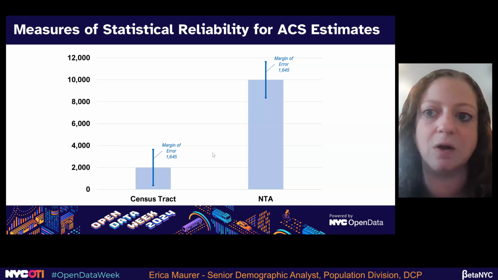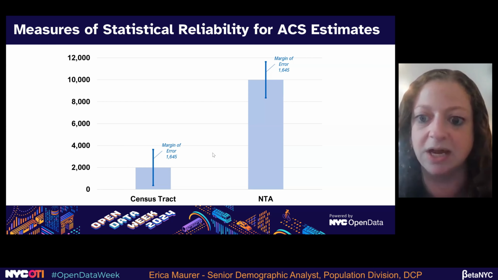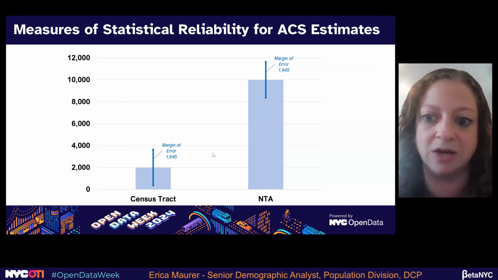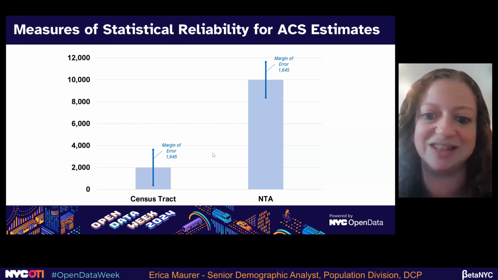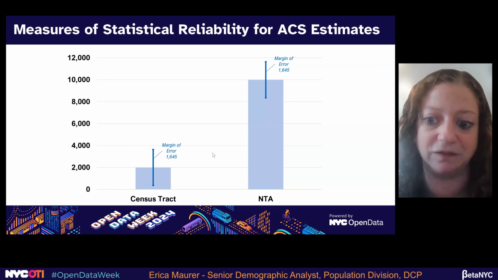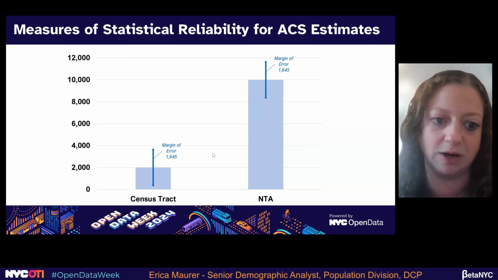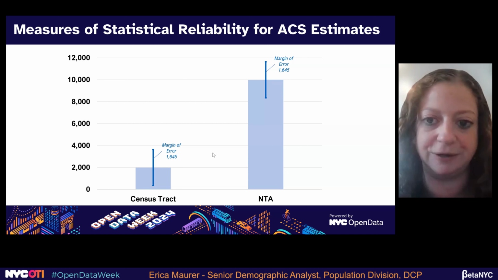And while there's no hard and fast rule, the Population Division has endorsed a CV threshold of 20%, where estimates with CVs of 20% or more are considered too unreliable for most uses. And this is what we've used in Population Fact Finder, where all of our estimates with CVs of 20% or more, the data are grayed out. So if you're familiar there, you would have noticed that there.